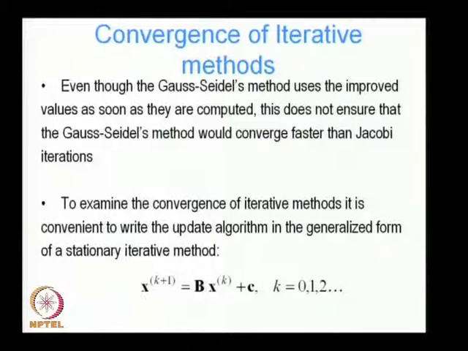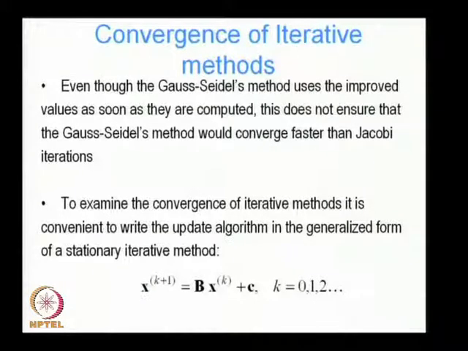So, after n iterations, my solution is going to approach the true solution only if my algorithm satisfies certain conditions. And what are those conditions? Those are the convergence requirements of iterative methods, and in order to obtain those convergence requirements, it is convenient to write the update algorithm in the generalized form of a stationary iterative method.